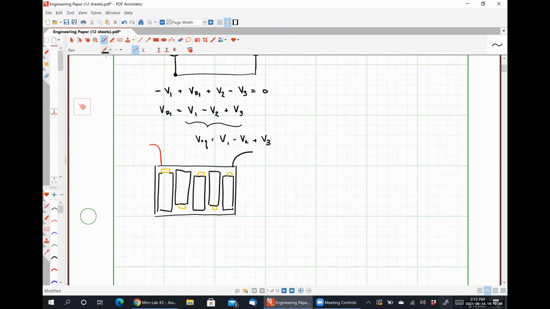So these guys were actually wired up internally like so. So this was actually 5 1.5 volts, or in you guys' case, 6 1.5 volt batteries in series. And overall, it created a 9 volt source, which was used to power your robot.